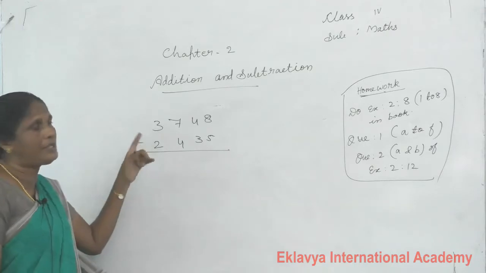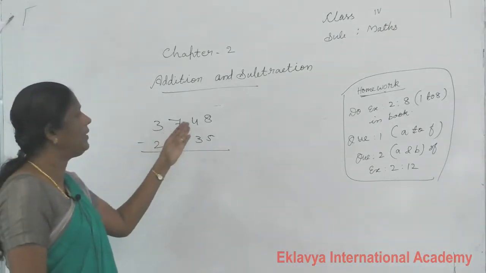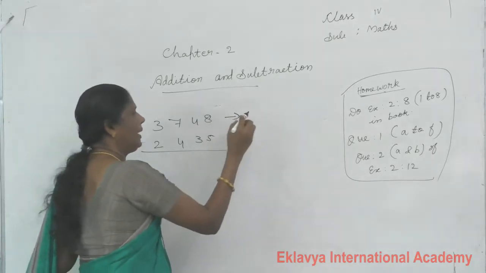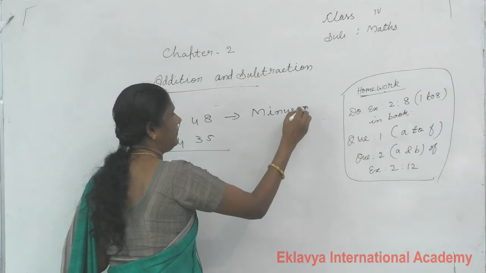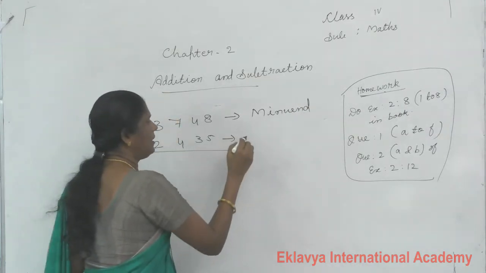Here the bigger number, 3748, is called minuend. M-I-N-U-E-N-D, minuend. This smaller number is called subtrahend.